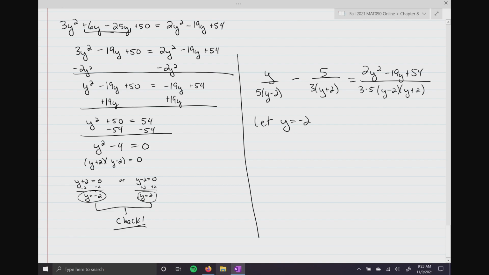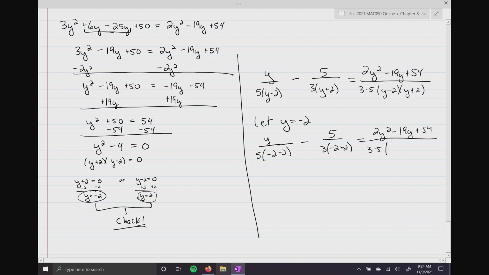So we're going to let y equal negative 2. And remember, you were looking for denominators only. So, y over 5 times negative 2 minus 2 minus 5 over 3 times negative 2 plus 2 equals 2y to the second minus 19y plus 54 all over 3 times 5 times negative 2 minus 2 and then negative 2 plus 2.